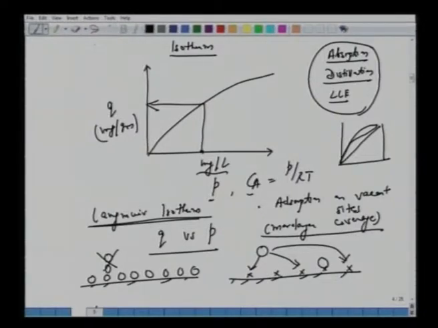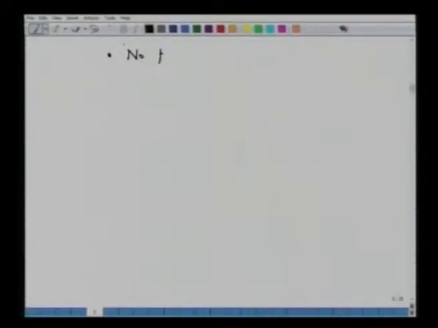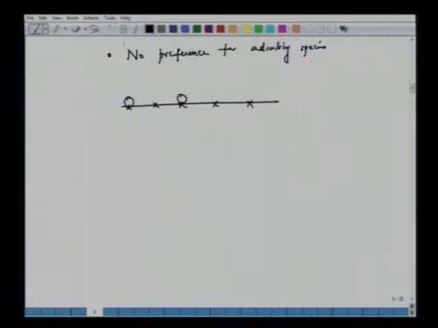The second most common postulate of the Langmuir isotherm is that there is no preference for adsorbing species. In other words, if these sites are vacant and some sites are occupied like this, then for one species in the gas phase or liquid phase, the probability of this molecule going to this site is as good as going to this site or this site.